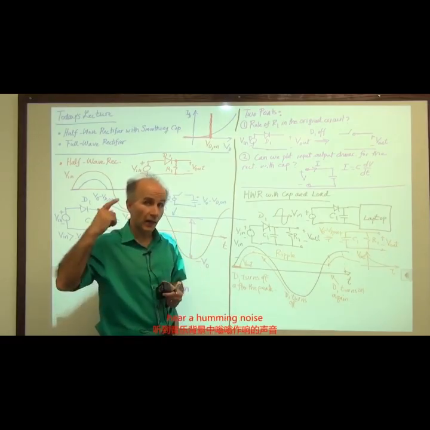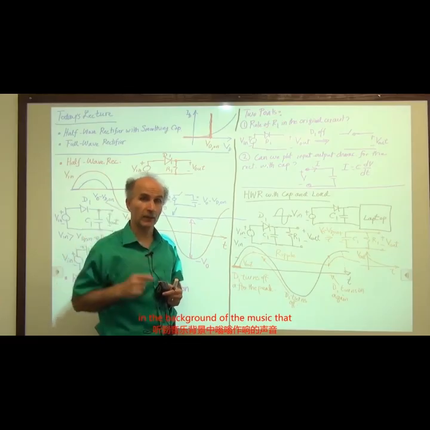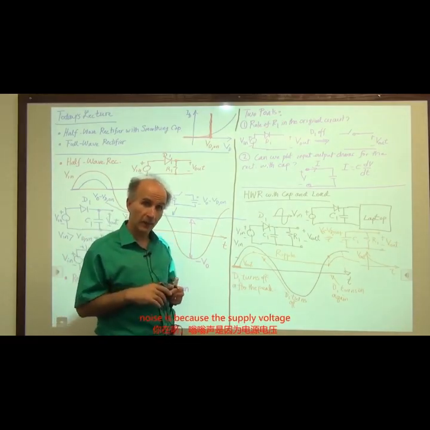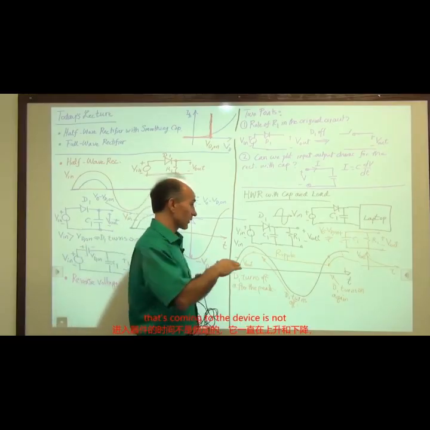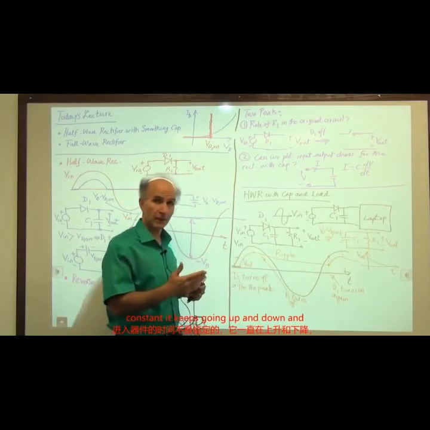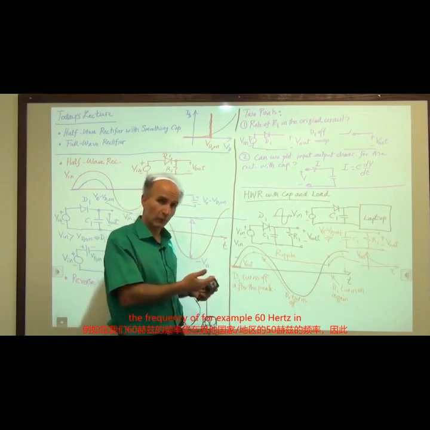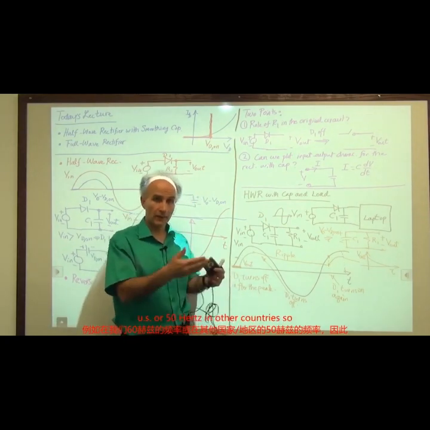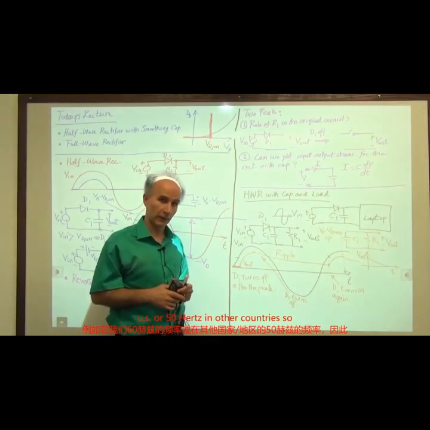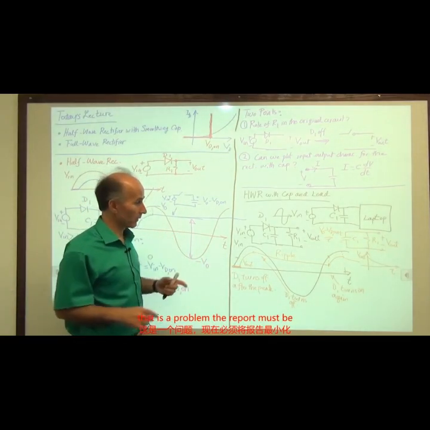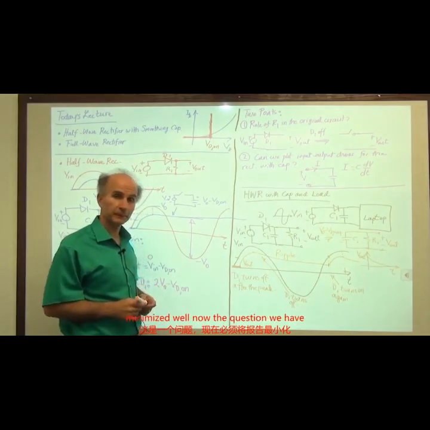You will hear a humming noise in the background of the music that you're listening to. And that humming noise is because the supply voltage that's coming to the device is not constant. It keeps going up and down at a frequency of, for example, 60 hertz in US or 50 hertz in other countries. So that is a problem. The ripple must be minimized.